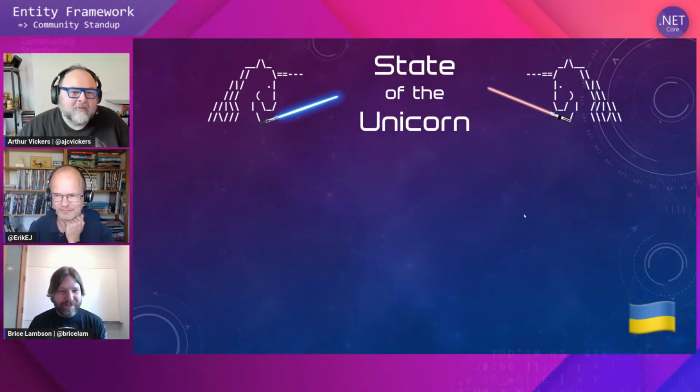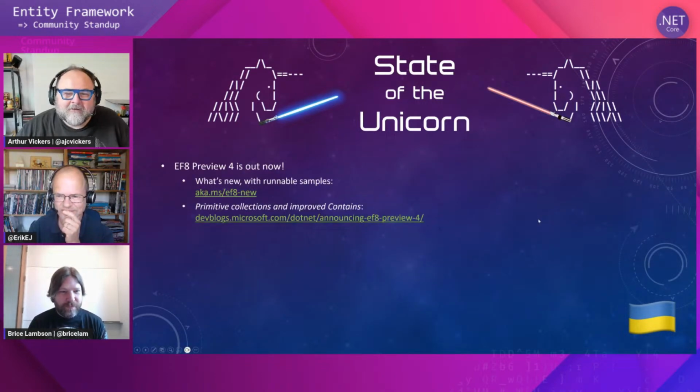Before we do that, we normally do the State of the Unicorn, so we'll do it. But it's been a bit of a slow couple of weeks in terms of getting stuff done. So all I really got to say is Preview 4 is out there. Go try it. aka.ms/EF8new is a link to the What's New documentation with all runnable samples, and then Shai wrote a blog post about primitive collections, which we went over last time.